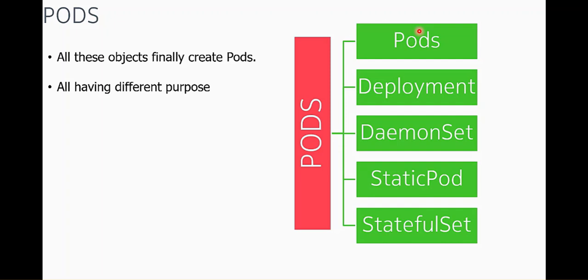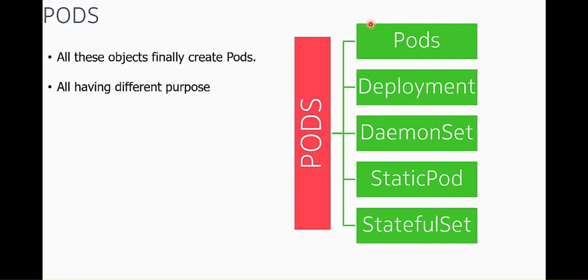That means the final product of a deployment is a pod. The final product of a daemon set is a pod. A static pod is also a kind of pod. And when you create stateful sets, they also create pods. And separately, you can create pods themselves as an object.